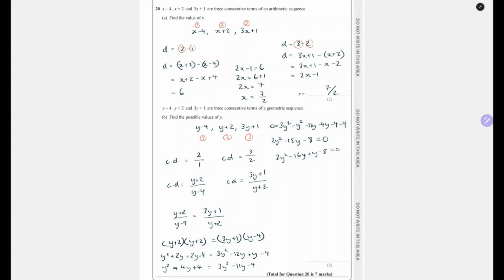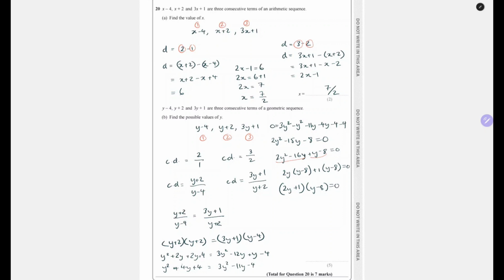We then need to just factorize this part and this part, and that becomes 2y times y minus 8 and plus 1 times y minus 8. And so we can collect the terms outside, and that becomes 2y plus 1 and y minus 8 is equal to 0.